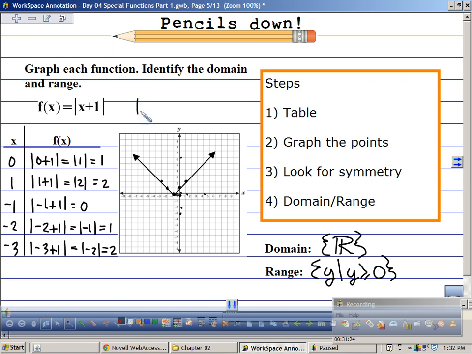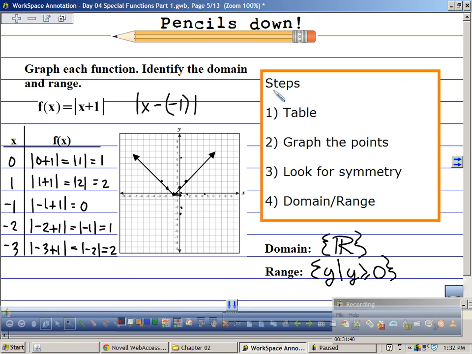When we talked about absolute value, didn't we say it's the difference between x and negative 1? Do you see that? The difference between x and negative 1 is 1.